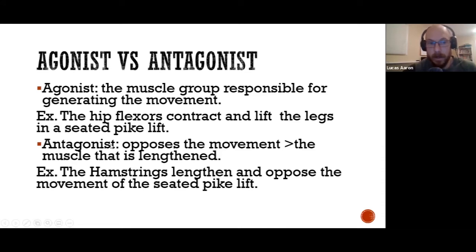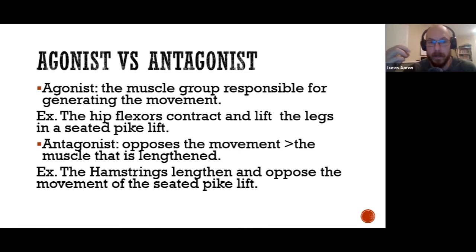So there are other movements where we could think about how this is happening, like the side split, for example. In the side split, the antagonist would be the adductors opposing the movement and lengthening, and we would be thinking about our glutes and hips, TFL, taking the load and basically generating the movement, shortening.